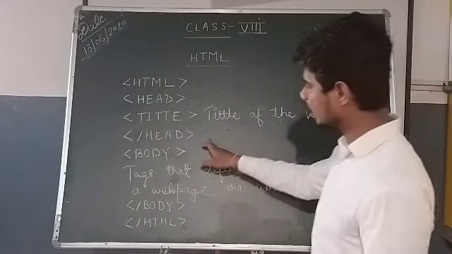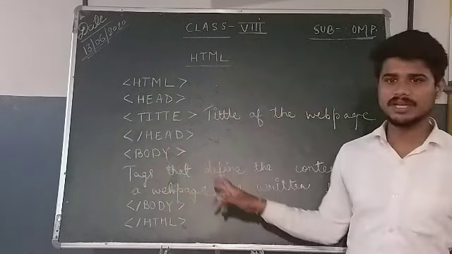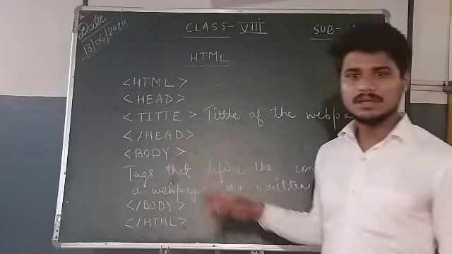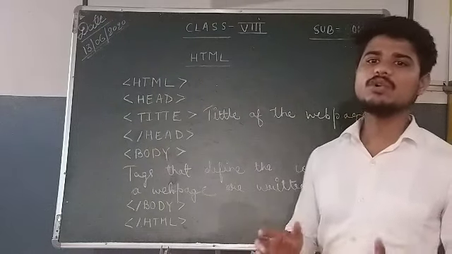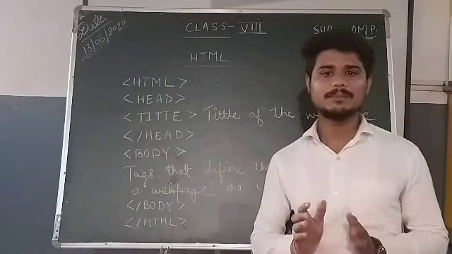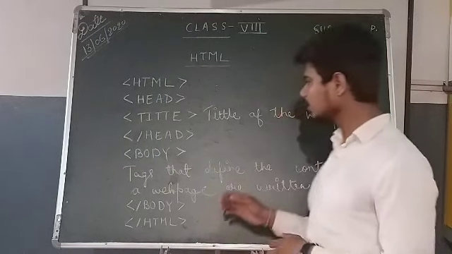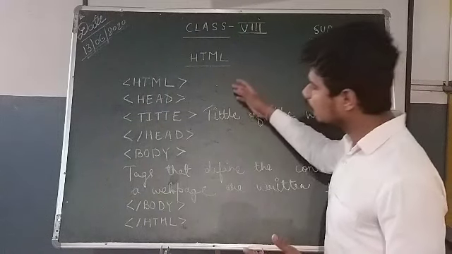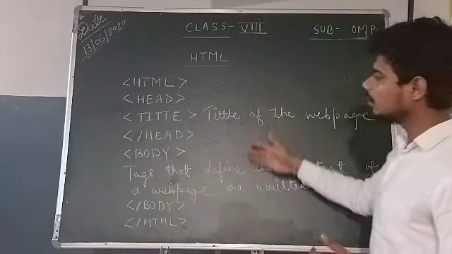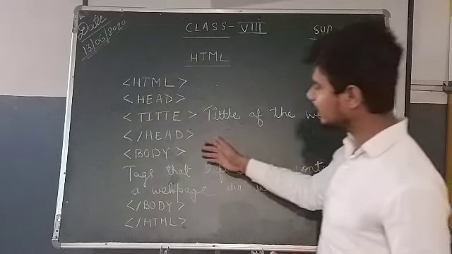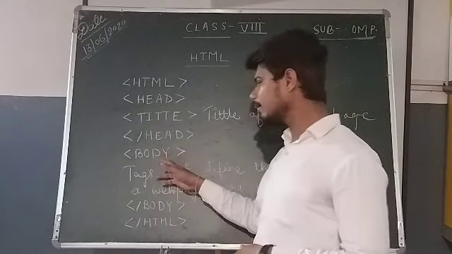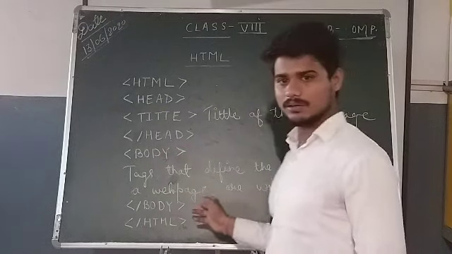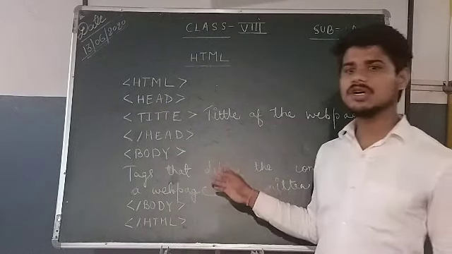Now we will reach the body section. The body tag defines the content of the web page that is visible in the browser. The whole main content should be placed between the opening body tag and the closing body tag, and it is also a container tag.